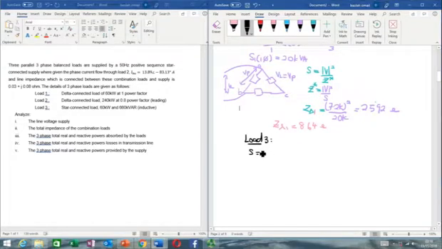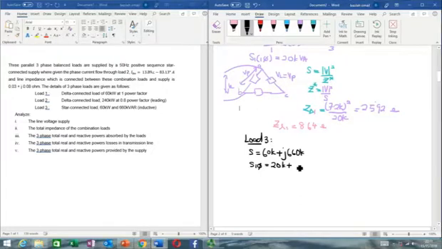The complex power given is 60k plus, since this is an inductive load, the imaginary value should be positive. Okay, so this is the 3 phase value.